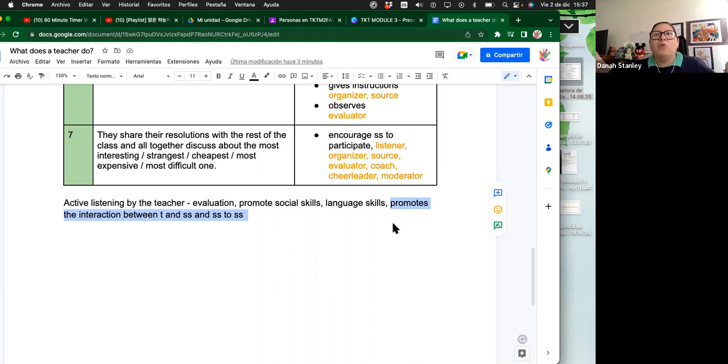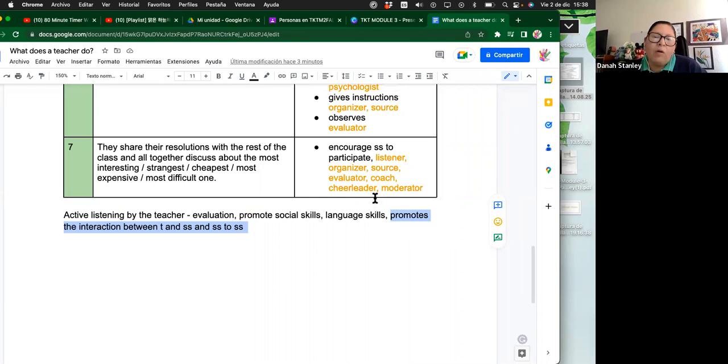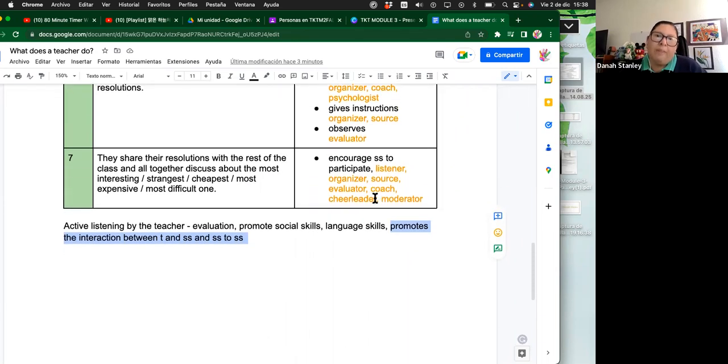If they need to process, introspect and internalize knowledge first before using it, pues I'm going to promote individual work or close pairs or trios in mixed ability trios. And my role will also change depending on the interactional patterns.